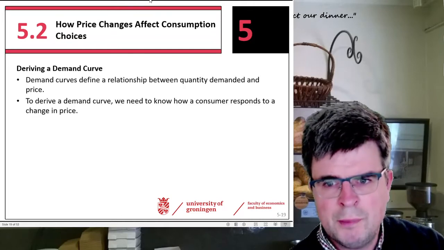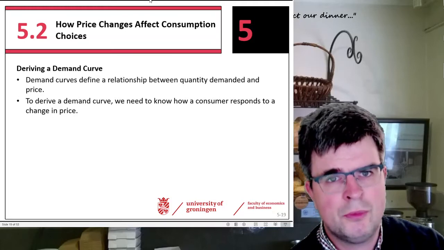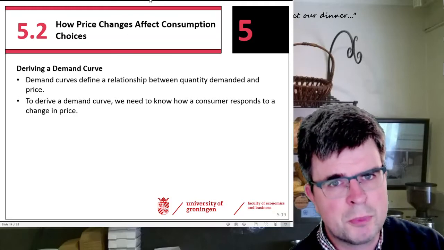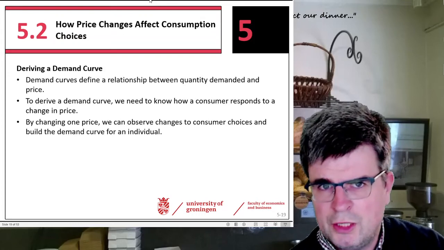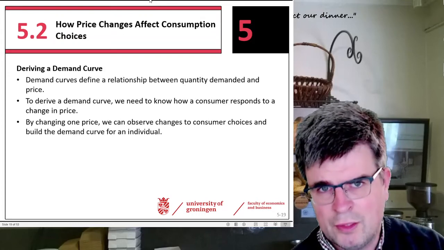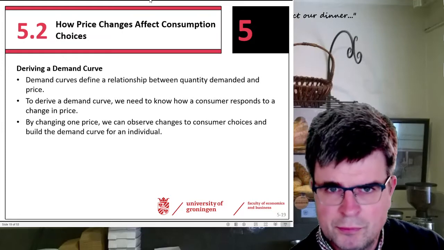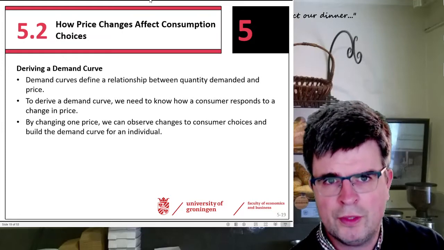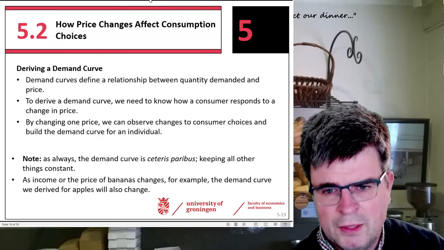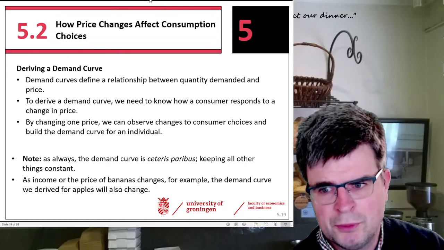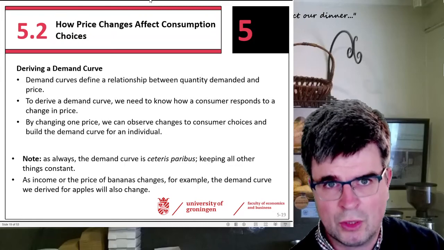And to derive the demand curve, we of course need to know how a consumer responds to price changes. And we want to change one price and then see how that affects the demand by the consumers, keeping all other things the same. And this is the ceteris paribus assumption. We need to keep all other things constant.